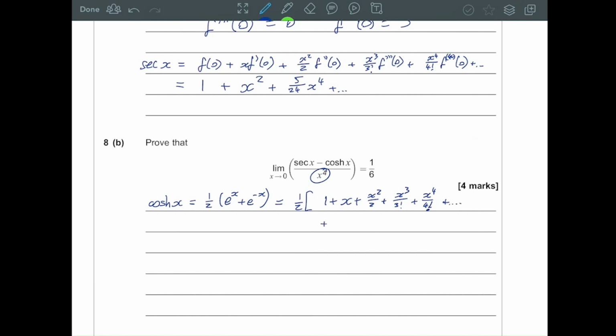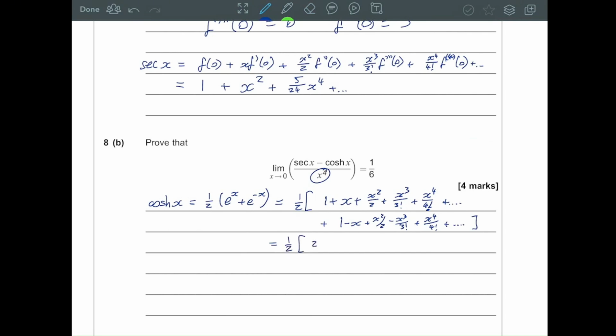And if I were to instead do e to the negative x, all it actually does is swap the signs of all of the odd powers. So minus there, plus there, etc. So that's going to be half of 2.